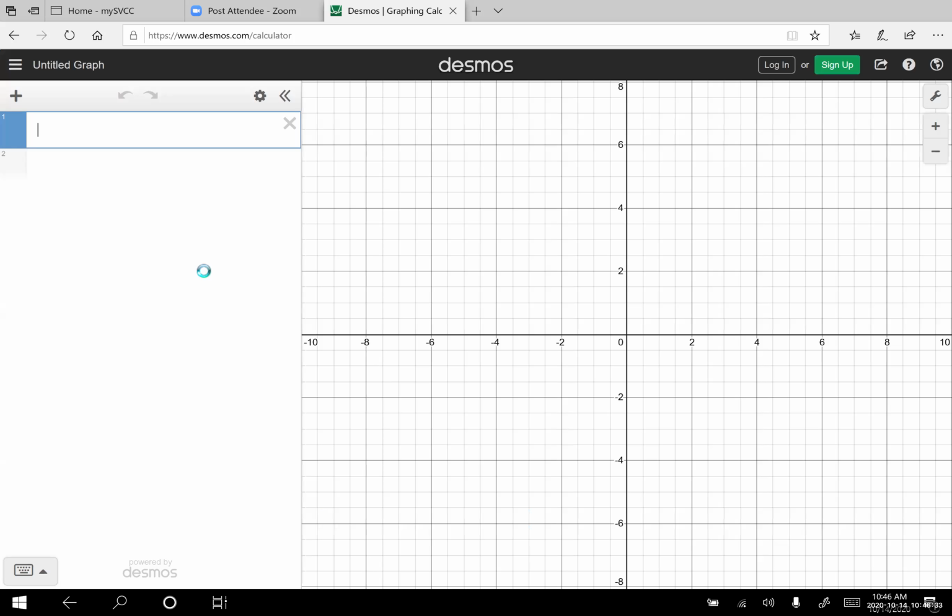There we go. All right, so here's my calculator. Let's look at some functions, the graphs of some functions, and then kind of see from a graphing standpoint what the domain and range look like.